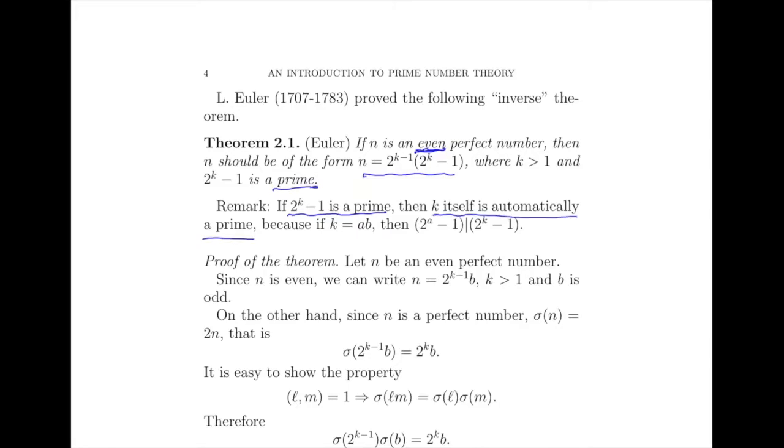It's easy, because if k is not a prime, k should be the product of a times b, but then 2 to the a minus 1 divides 2 to the k minus 1, which is impossible because we assume 2 to the k minus 1 is prime. So k is automatically prime. So this is exactly the form indicated in Euclid's theorem. Okay?